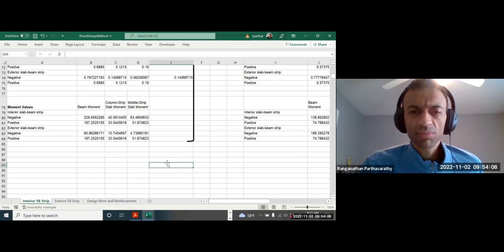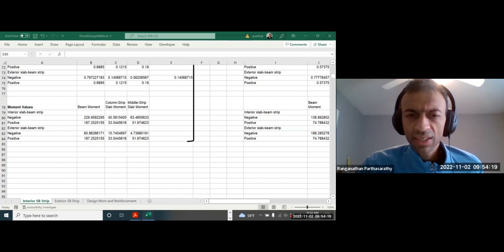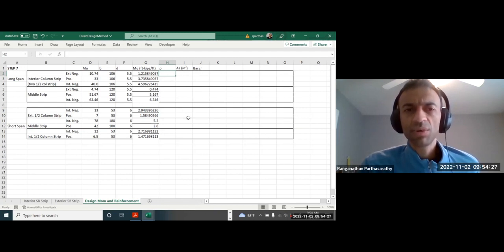Maybe I might do a recording, but I will send one small assignment. You should not be having hand calculation anywhere except the last step where you assign your reinforcement area and number of bars.